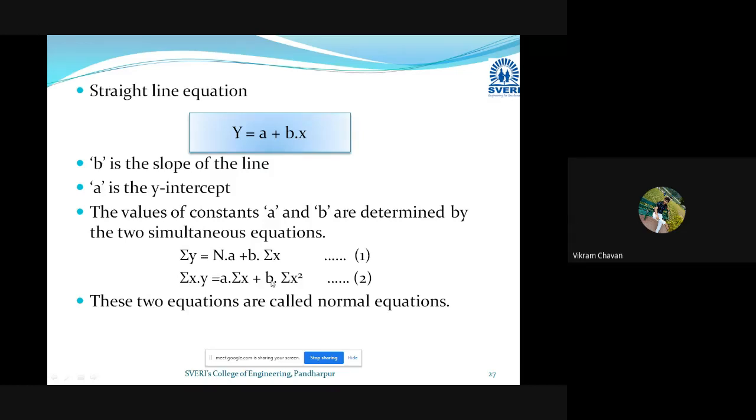If you put summation of x equal to 0 in the second equation, we get the equation for the constant b: b is equal to summation of xy divided by summation of x square.